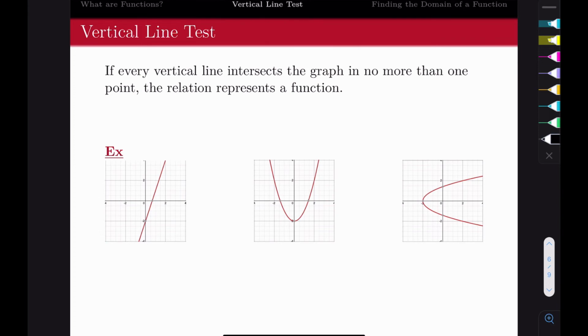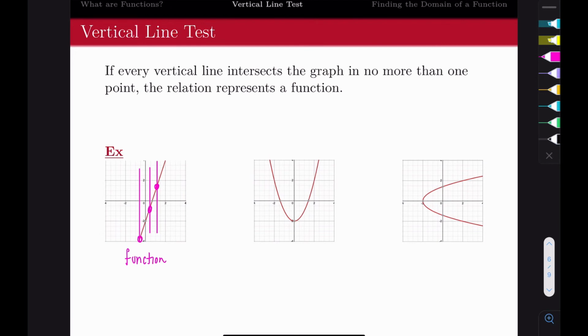is a function. So just like the last example, if we draw a vertical line for this first one, it hits in a single spot, hits in a single spot, hits in a single spot. No matter where we draw a vertical line, it hits in one spot. So this is going to represent a function.